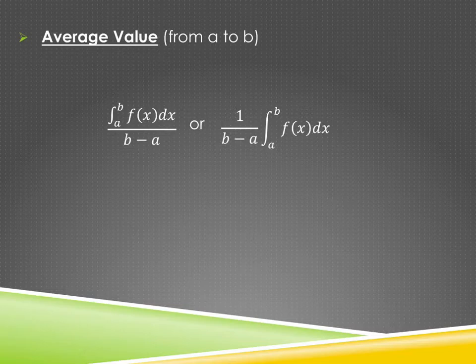Another way to write that is to do that division of 1 over B minus A out in front, and then do the antiderivative notation between. Now, you've seen this notation back in 5.2, where you did a lot of verbal descriptions of what it was.